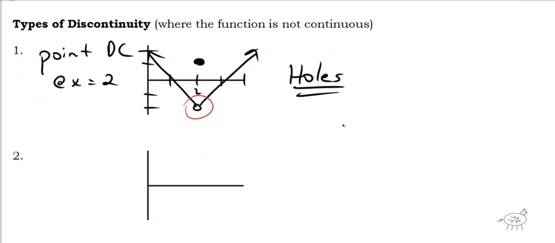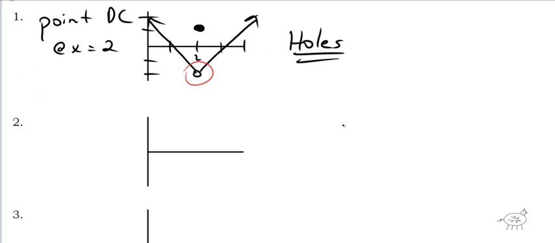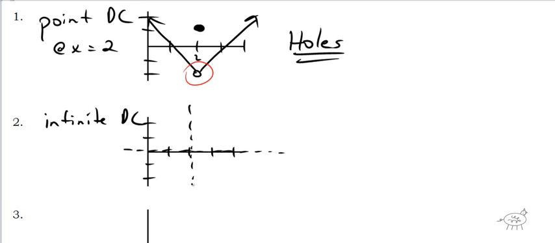Okay? The next type of discontinuity is called an infinite discontinuity. And we'll do the exact same grid here. Here's a horizontal asymptote, and here's a vertical asymptote. And if I draw my graph, it looks like this and like this.